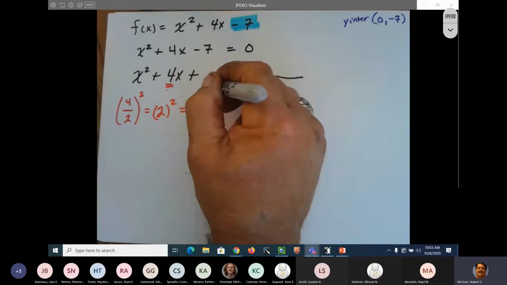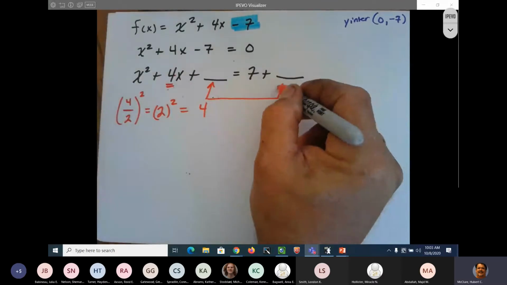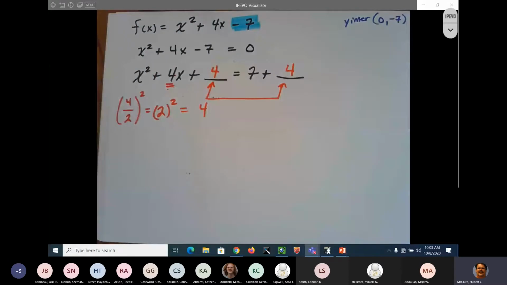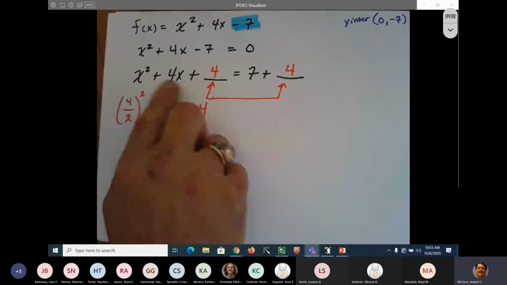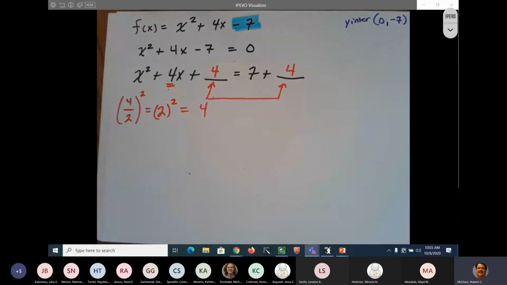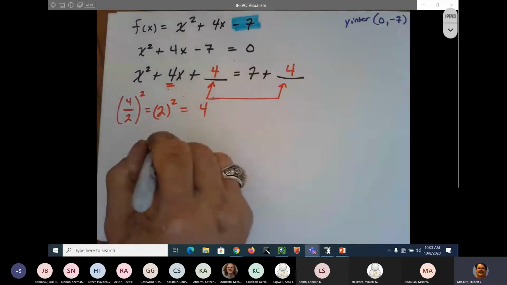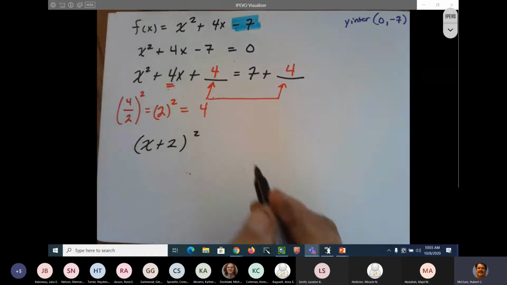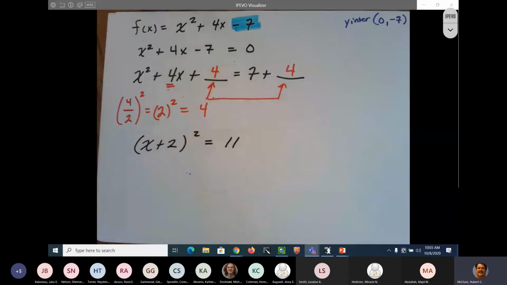I'm going to add that to the blanks. And that gives me shortcut number 1 on this side. So that gives me x plus 2 quantity squared is equal to 11.